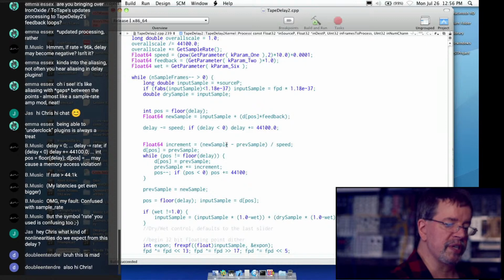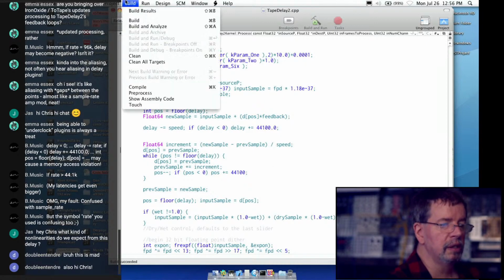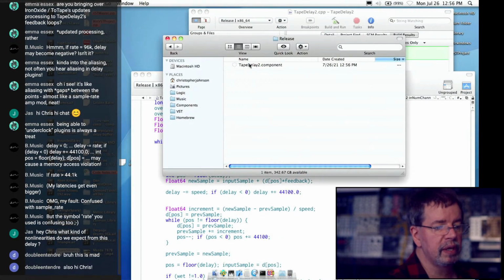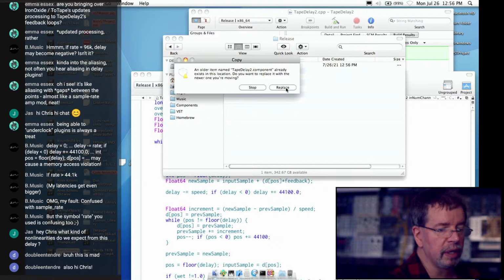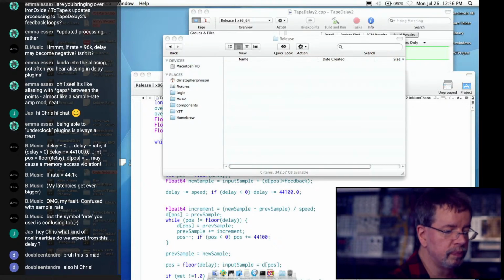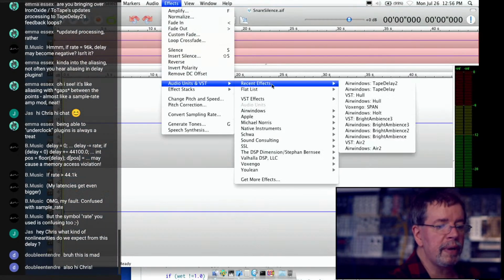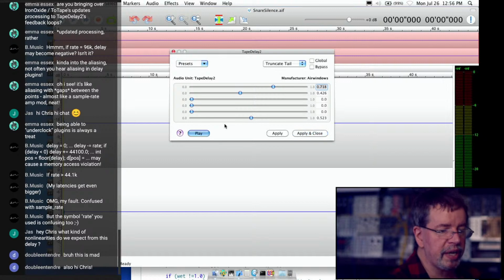Under those circumstances, new sample minus previous sample is going to be, let's play with it and see what it does. It's going to make a horrible mess. Let's see what kind of horrible mess it makes, because I'm stuck and I'm not sure what it's supposed to do. What kind of horrible mess do we get? We get this.